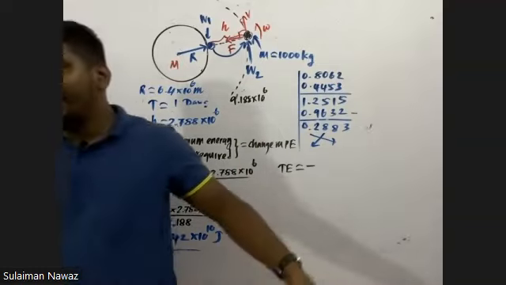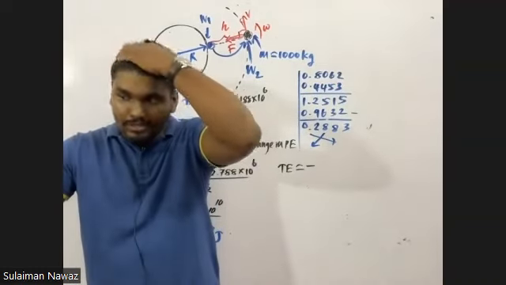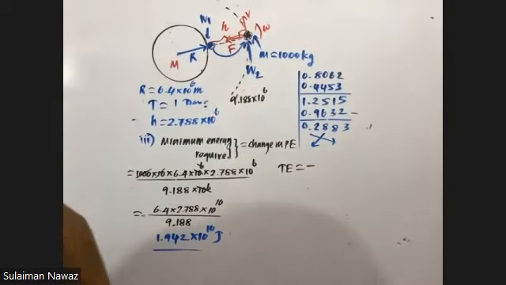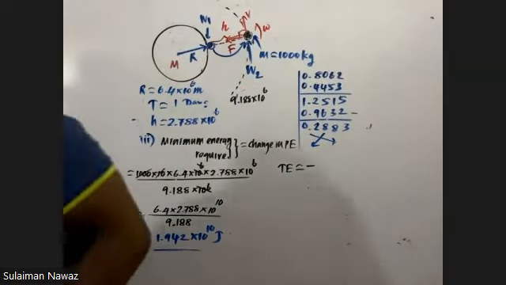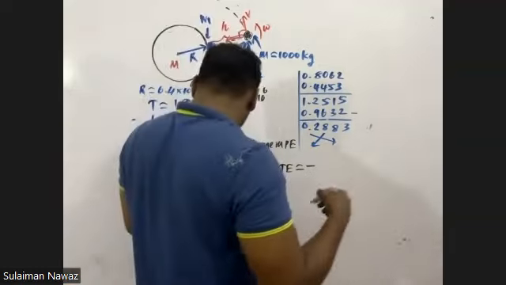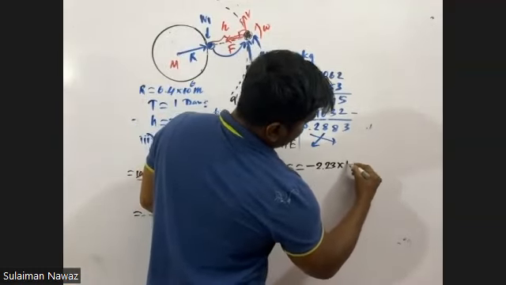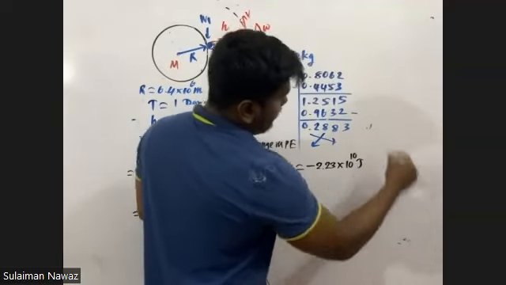Someone reply quickly. Minus 2.23 × 10^10 joules.